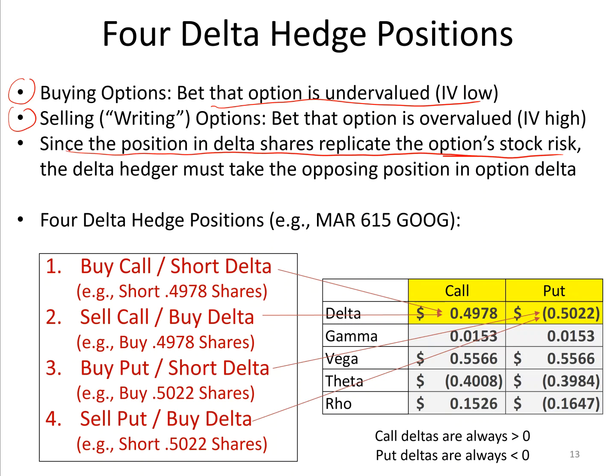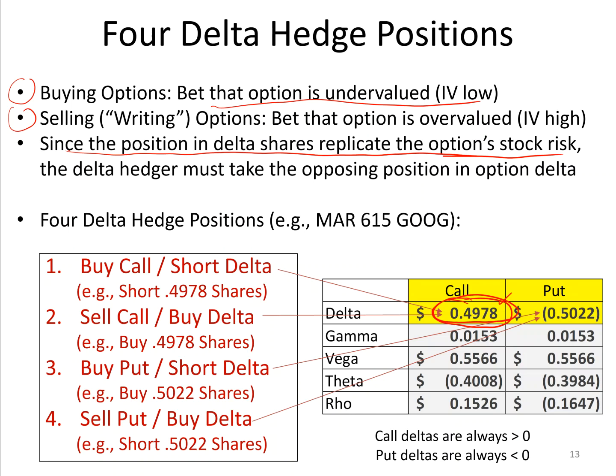Now that was a mouthful, but let's think about this. If I buy the call, I know that my exposure to the call with respect to the underlying stock price is 49 cents. So what I could do is sell half a share of stock for every option I go long.